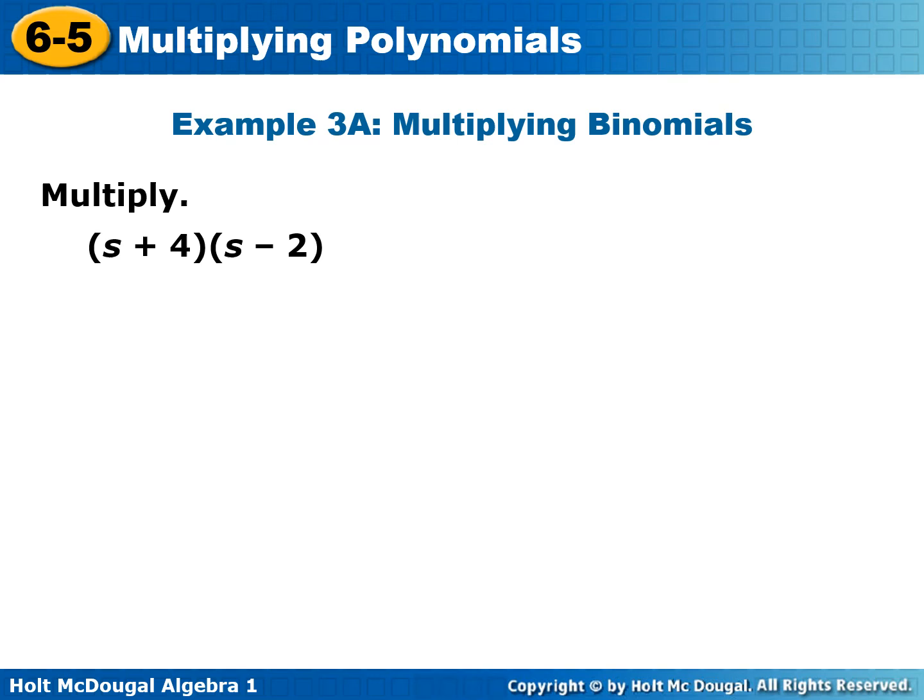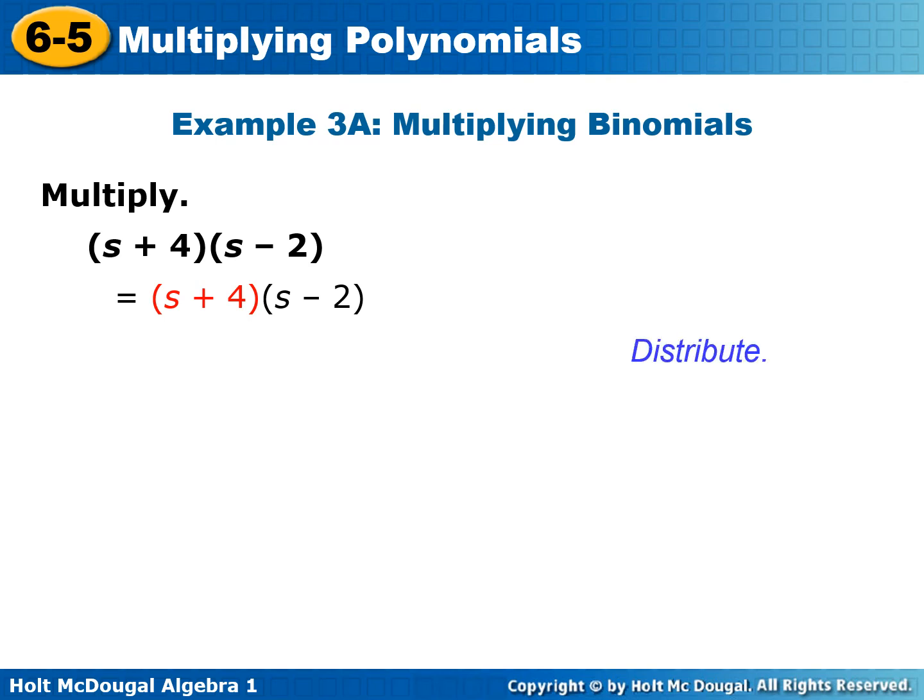Okay, now let's have another example. So we have here the quantity of s plus 4 times the quantity of s minus 2. And notice again that our first binomial is in red and our second binomial is in black.